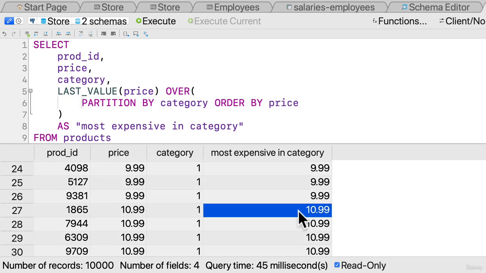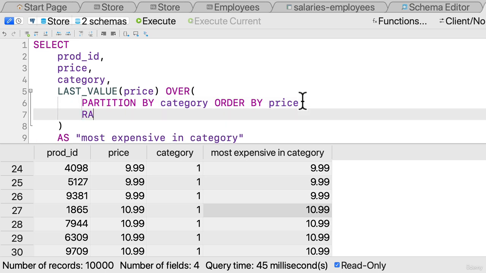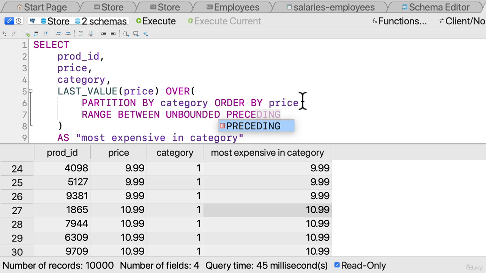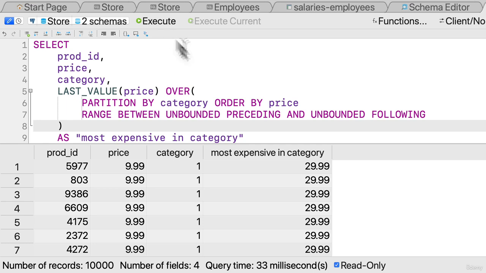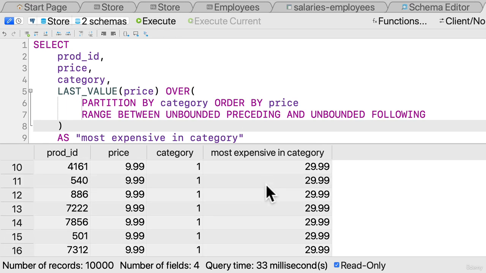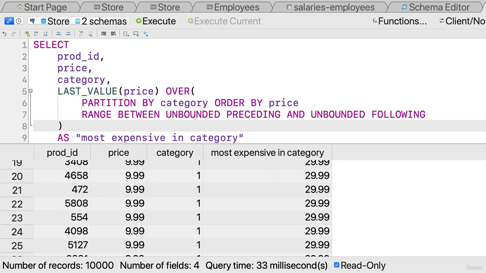So we're always going to choose the current row, and we need to go beyond the current row. So we say range between unbounded preceding and unbounded following. That gives us the ability to get the highest price in that category because we're taking into account the entire partition, not just everything before and the current row. So we're getting the actual most expensive product in that category.